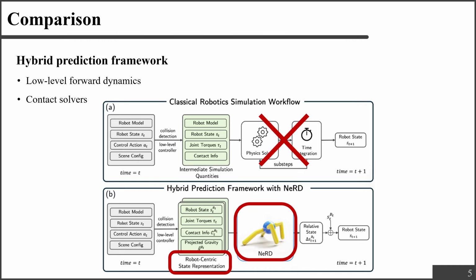Conceptually, contact-related quantities are how they include the local environment's effect on the robot. Now that we know the overall structure, we can define the exact state and training target.